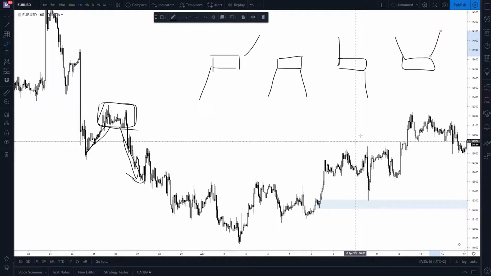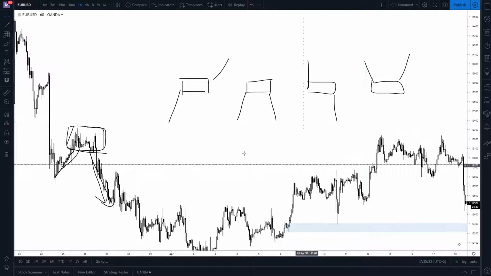I wasn't able to find what I was looking for, so I used my very professional drawing skills to demonstrate this to you. This is something you don't really have to remember because I don't use it, I never really needed to. But we have four types of supply and demand. The first one is called rally base rally.